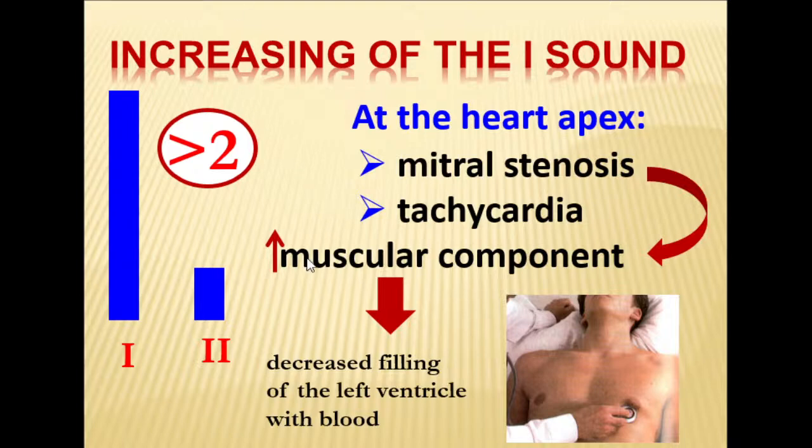There is only one cause of increased first sound over the heart apex, which is decreased filling of the left ventricle with blood due to mitral stenosis or tachycardia, which gives intensification of the muscular component of the first sound.